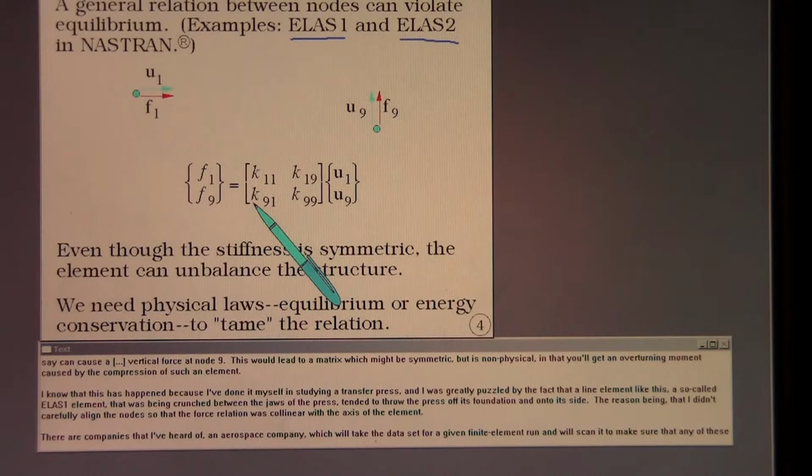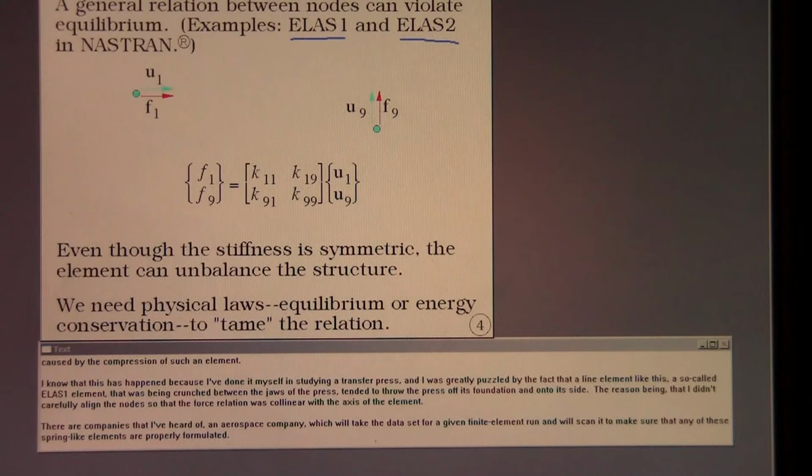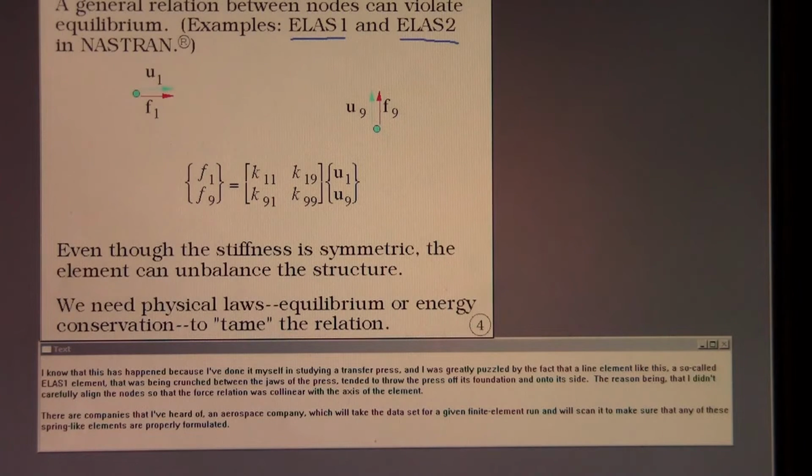I know that this has happened because I've done it myself in studying a transfer press, and I was greatly puzzled by the fact that a line element like this, a so-called ELAS element that was being crunched between the jaws of the press, tended to throw the press off its foundation and on its side. The reason being that I didn't carefully align the nodes so that the force relation was collinear with the axis of the element.